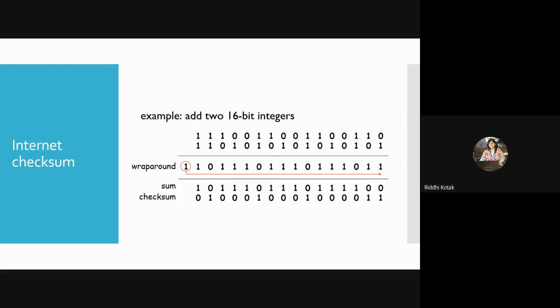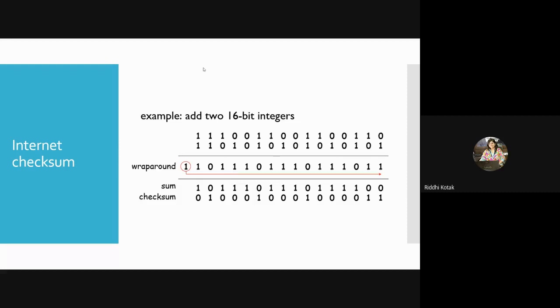There is a mechanism to solve the given example, right? Two 16-bit integers are given over here. If you count the values, they are 16-bit integers. So first, take those 16-bit integers. Now you have to do a binary addition.